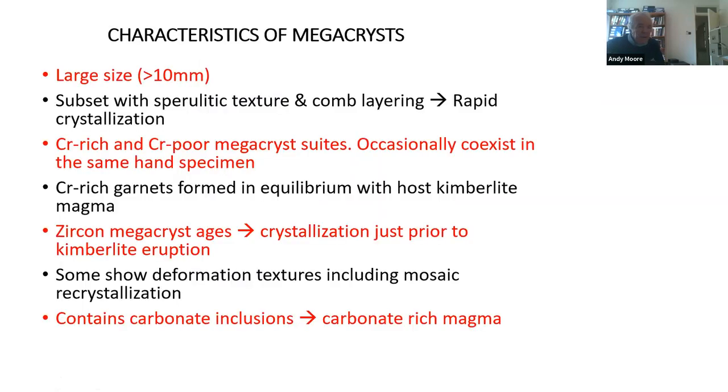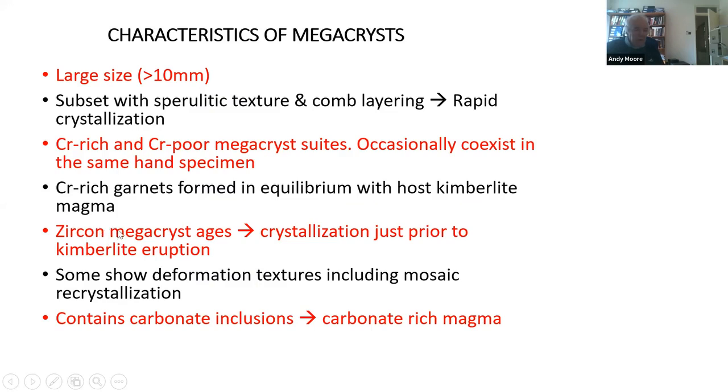So just to summarize, or emphasize, some of the most important characteristics: firstly, large size, a subset with textures indicating rapid crystallization, chrome-rich and chrome-poor subsuites, which very occasionally coexist in the same hand specimen. Zircon is a minor member of the megacryst suites.